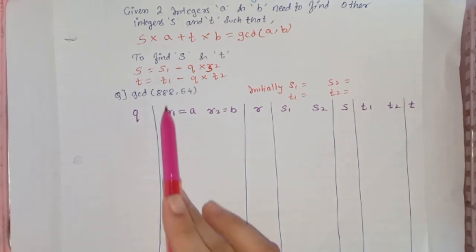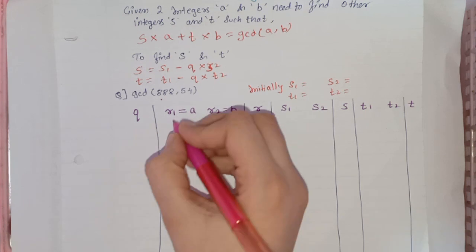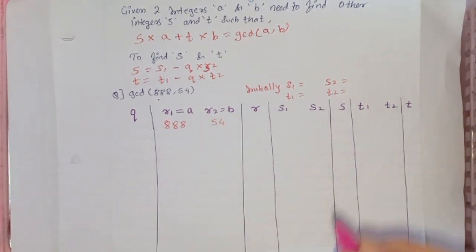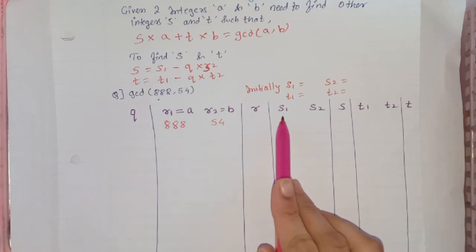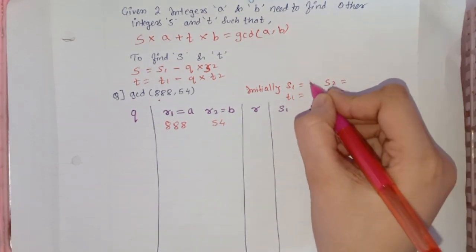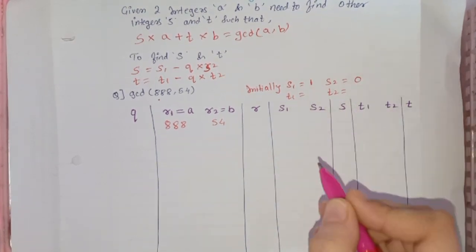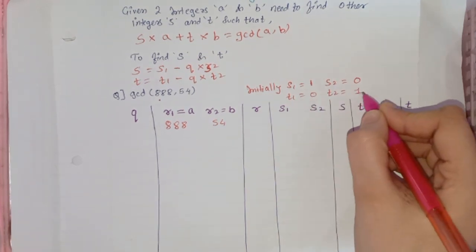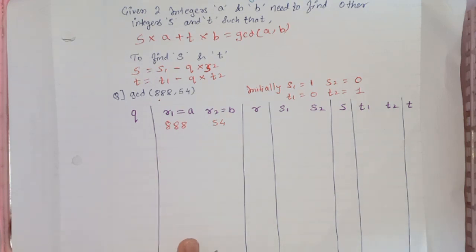Here we have A as 888 and B is 54. Also initially we keep S1 as 1 and S2 as 0 and T1 as 0 and T2 as 1. So now let's start the procedure.